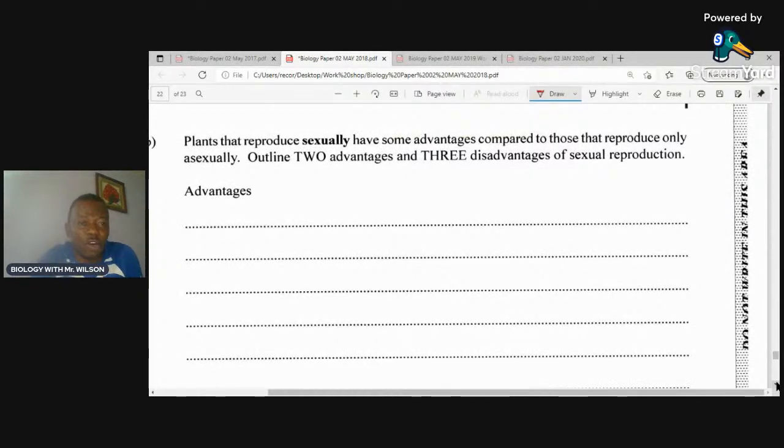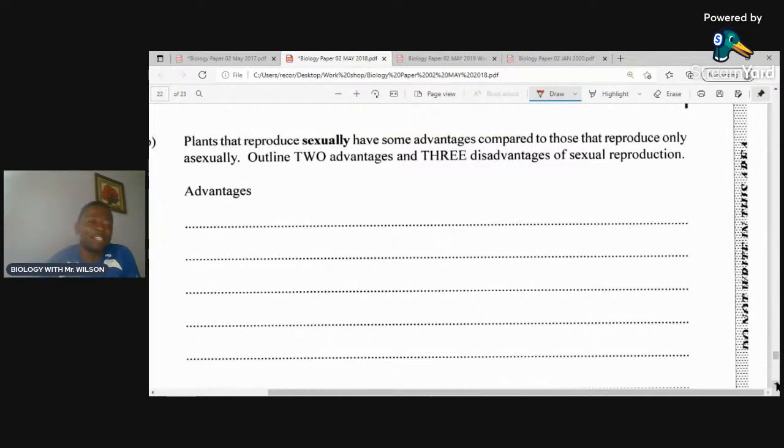Plants that reproduce sexually have some advantage compared to those that reproduce only asexually. Outline 2 advantages and 3 disadvantages of sexual reproduction.